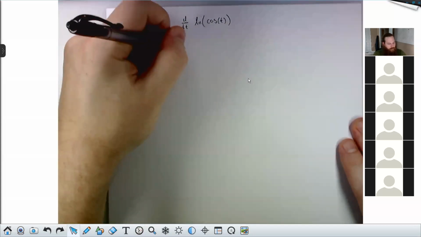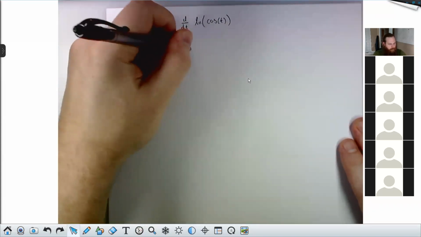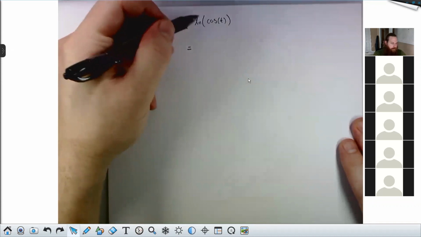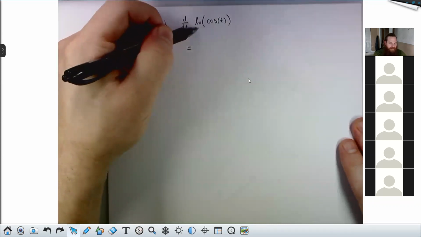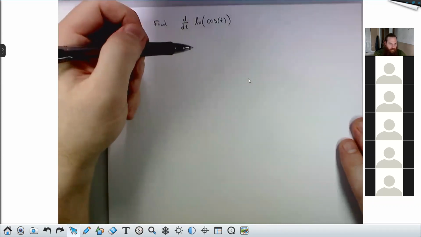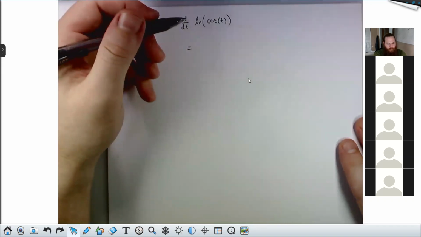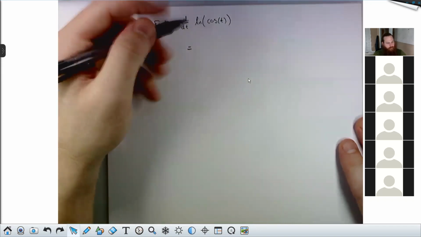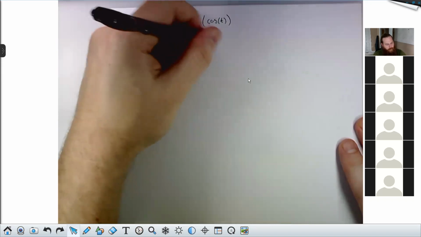So d/dt of the natural log of the cosine of t, I should differentiate the outer function, leaving the inside alone. What is that going to look like? It's going to be 1 over what?